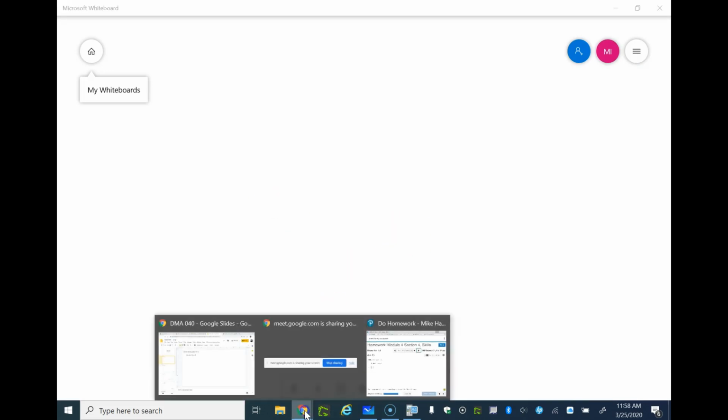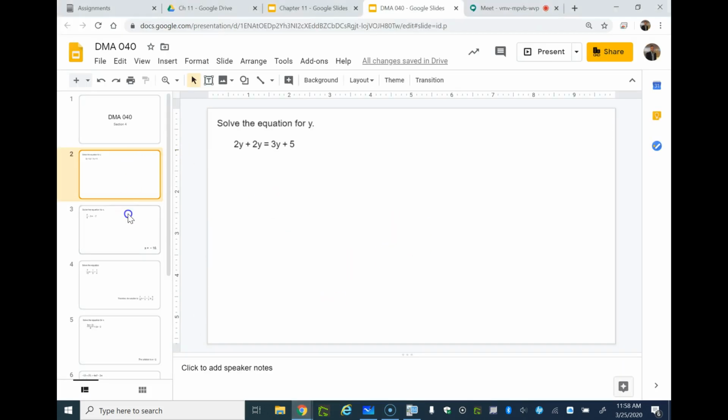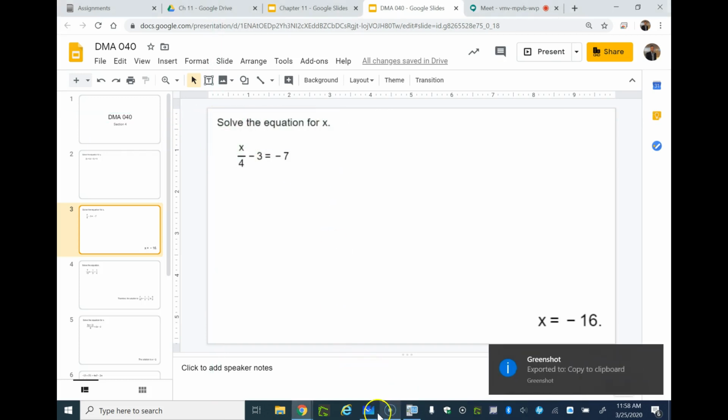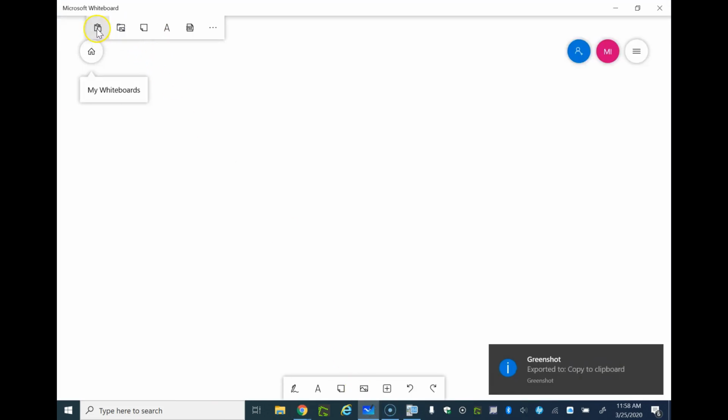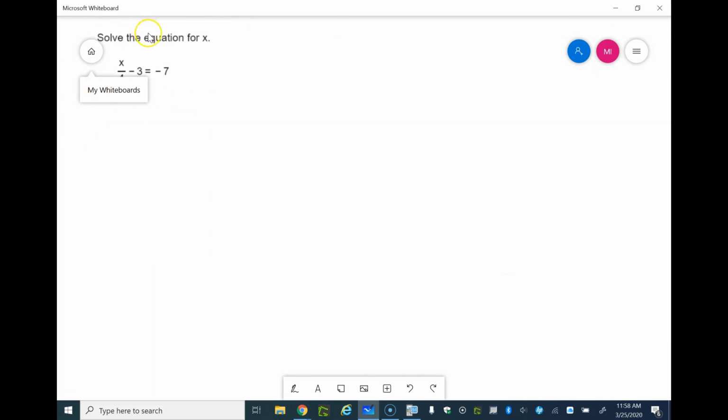So let's do another example. So for this particular one, we're going to be solving for x.